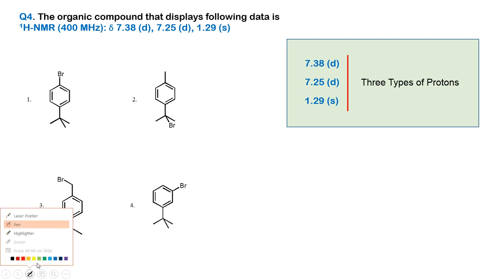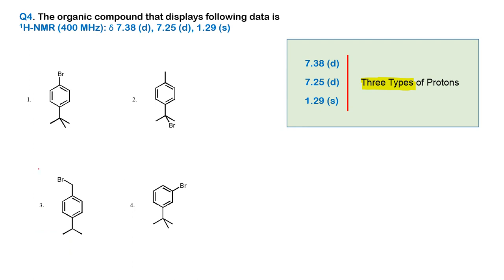As we have four structures, one by one we can try to eliminate the wrong answers. So we try to understand the correct structure indirectly through the point that we have three types of protons, and we'll relate this with these four compounds. So one by one we'll identify.